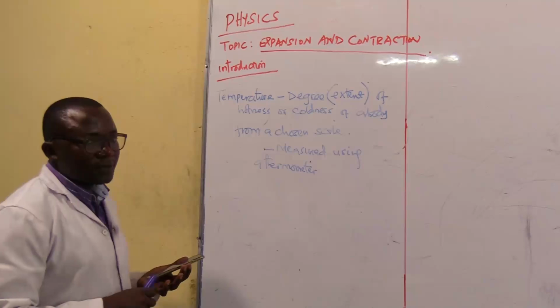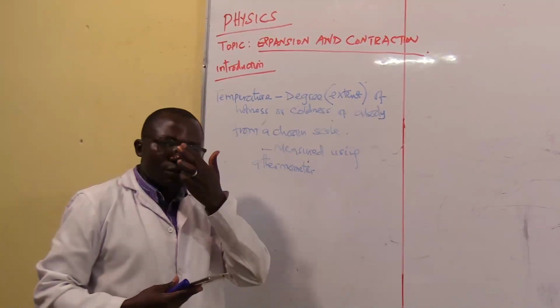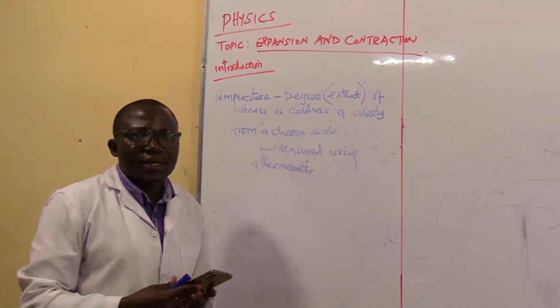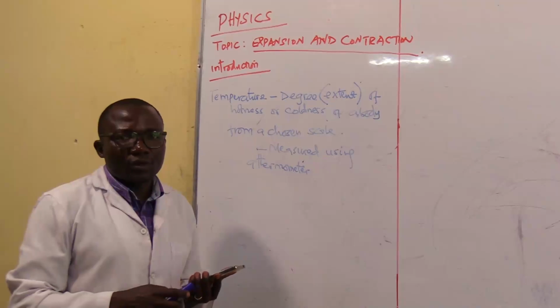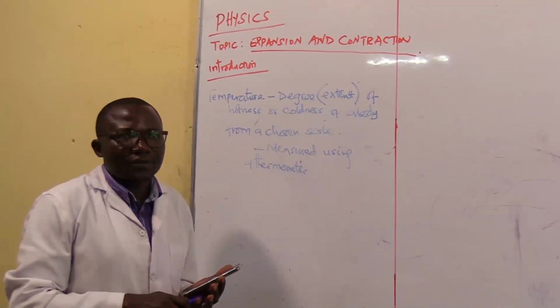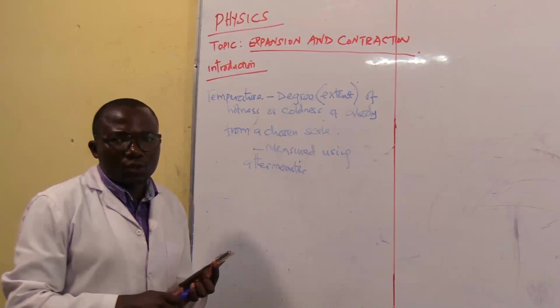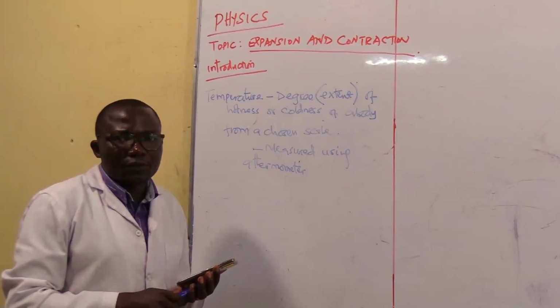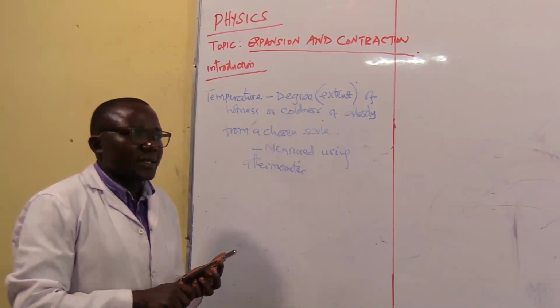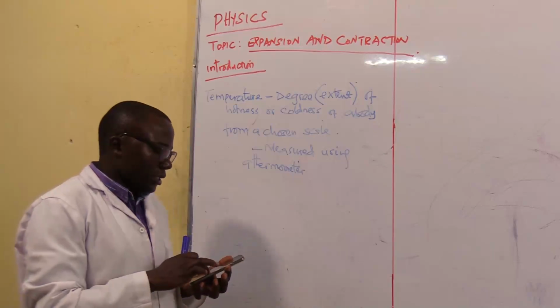Then it is also important for us to know, from the concept that we learned under measurements, when we were looking at the quantities that we have. We had the 7 basic physical quantities, also called the fundamental quantities, and what we call the derived quantities.